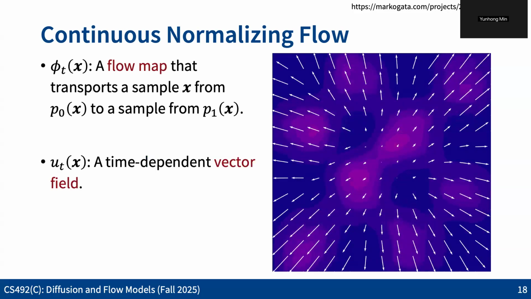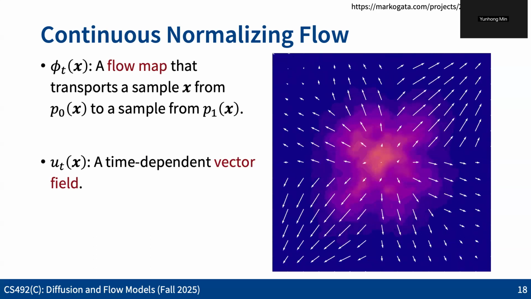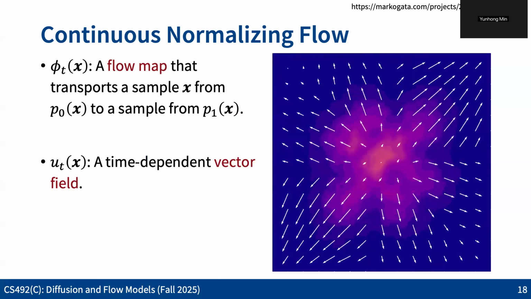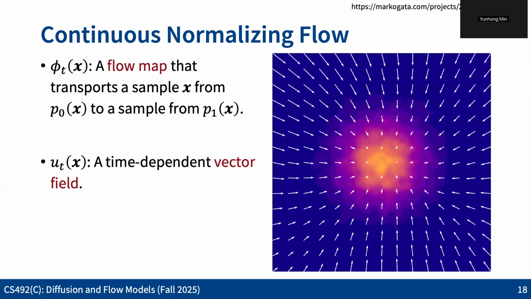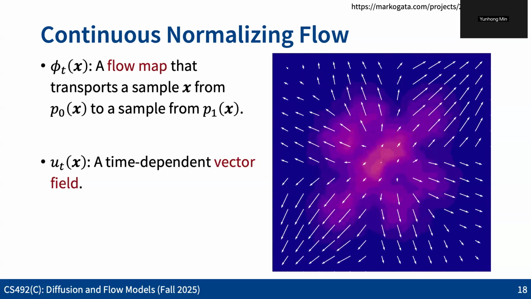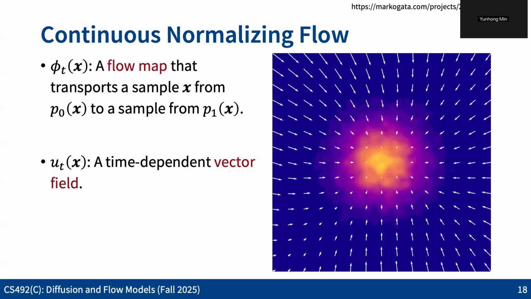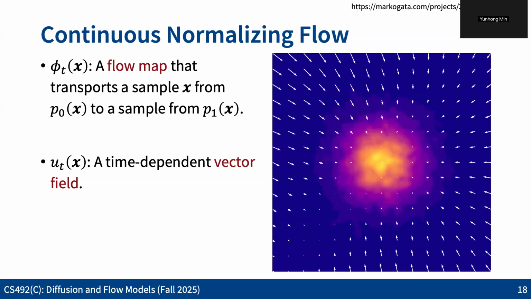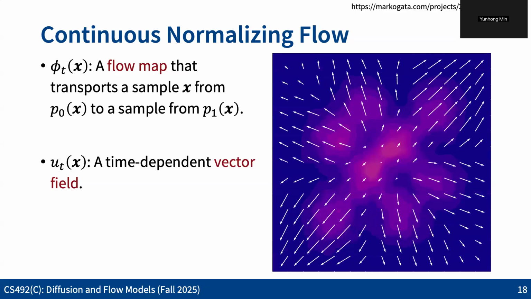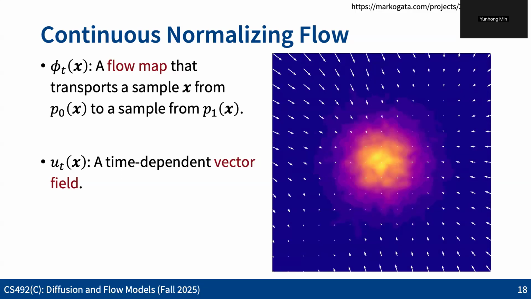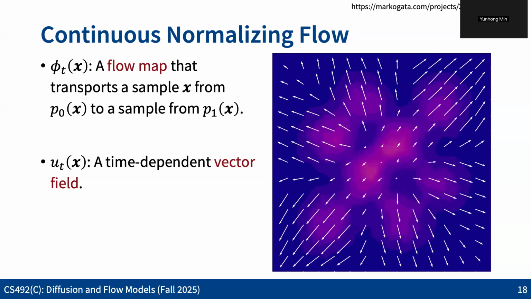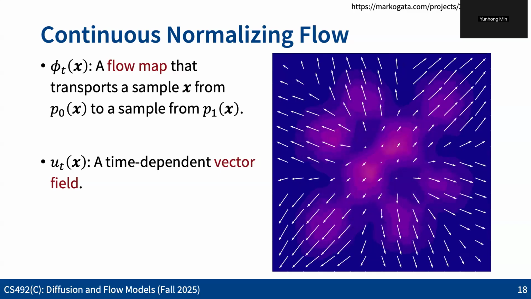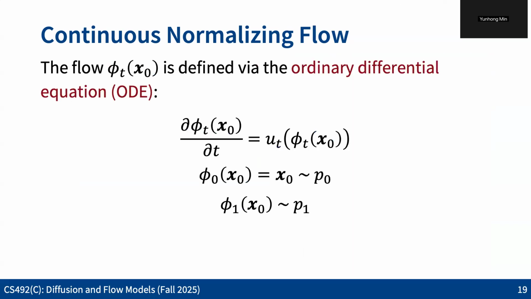And the vector field. So this is the ODE-based formulation. We're also gonna define the vector field, which is defined based on our flow map, right? So you can see how the vector field and the flow map are related to each other. Obviously, when you define the ODE formulation based on the vector field, that will compute the flow map at every time step t. So that's the basic thing.